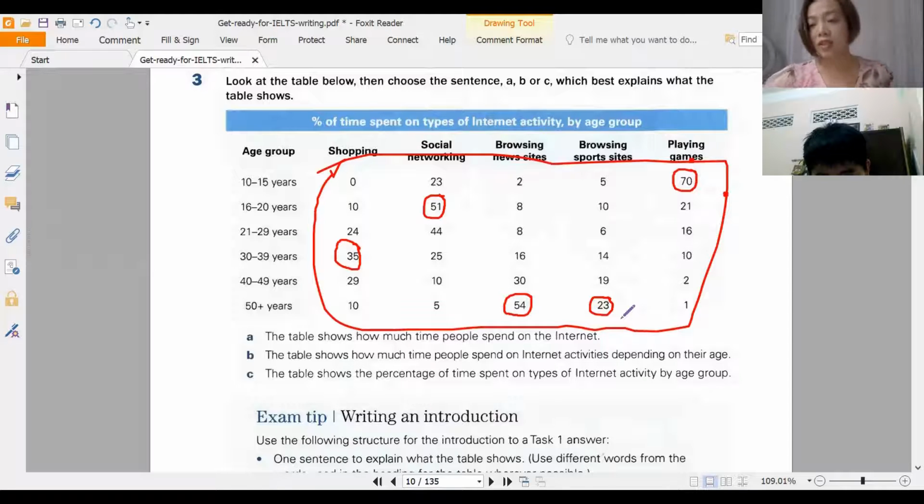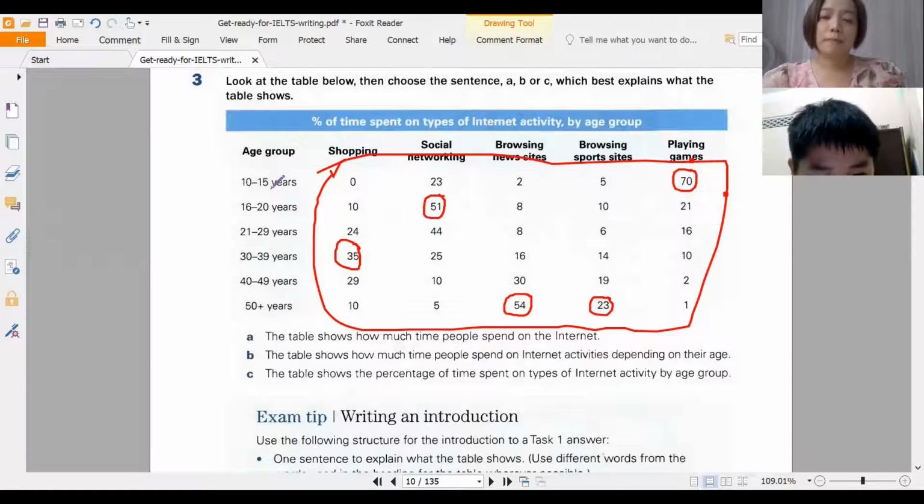Is it the easiest way of analyzing tables? So now, for example, for the age group 10 to 15 years, which activity attracts them the most? It's playing games. Good, playing games. For the 16 to 20 years, what activity do they spend most of the time on?